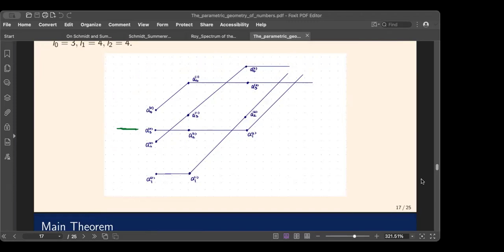We can put the third slope one line below the fourth line. No, the third slope one line below the third line.